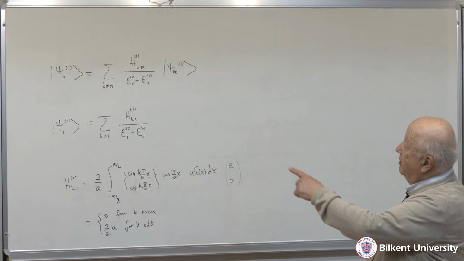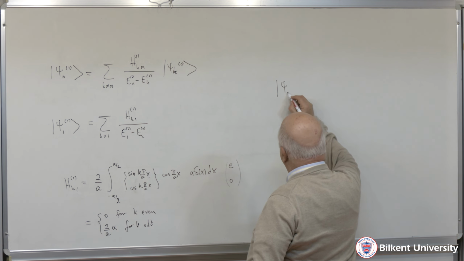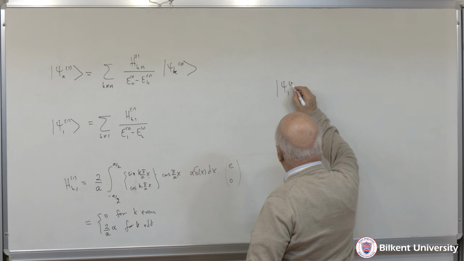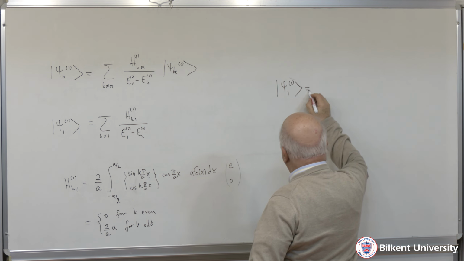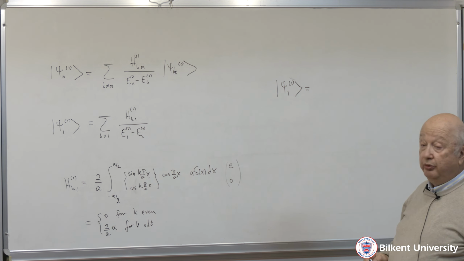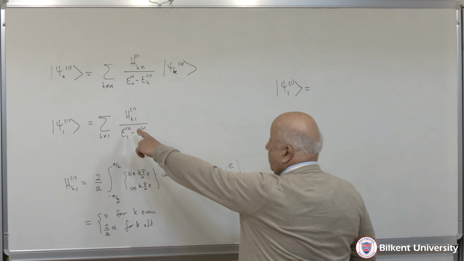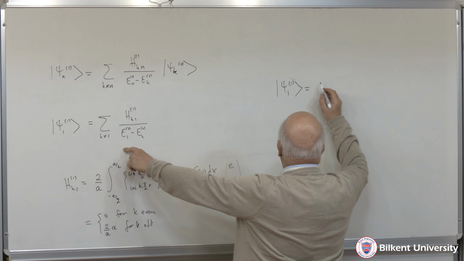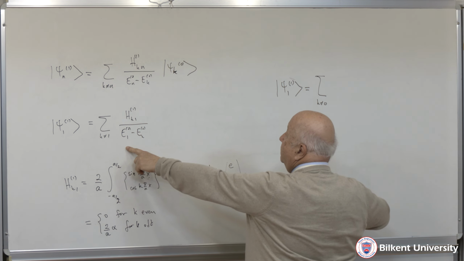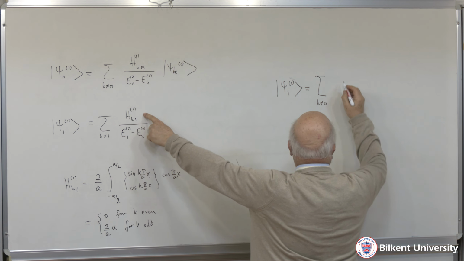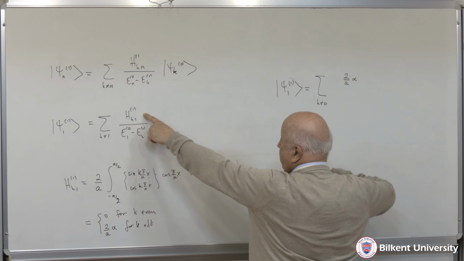So now let me go back to my equation for the wave function. The ground state wave function to first order is going to be equal to a sum, k not equal to 1, of Hk1, well, that's easy, 2 over a times alpha.